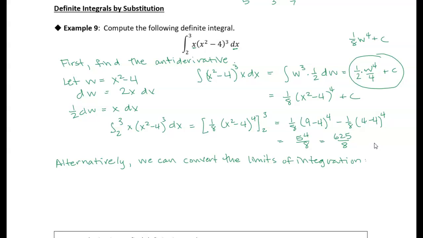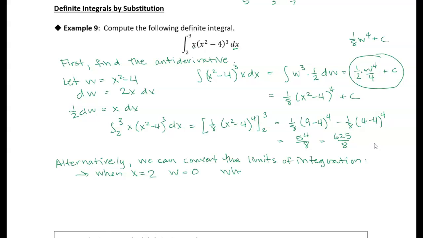So when x equals 2, what is w? Well, w is x squared minus 4. So w is equal to 2 squared minus 4, so w equals 0.